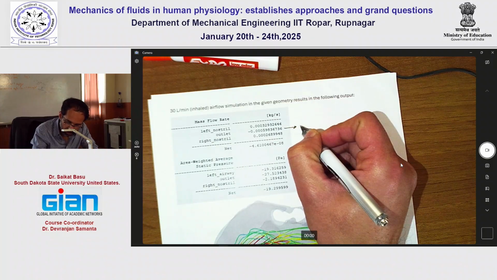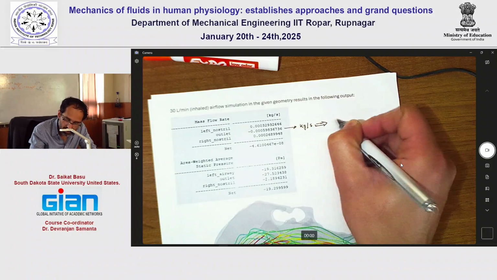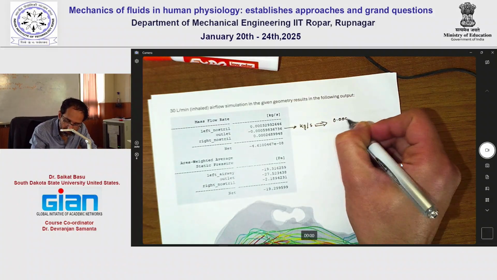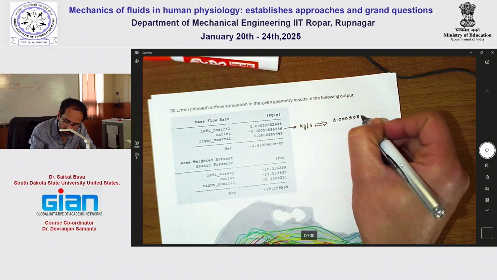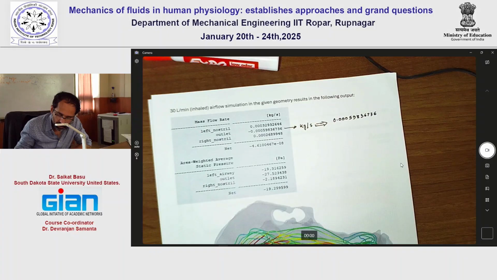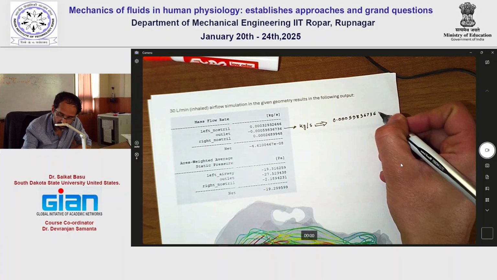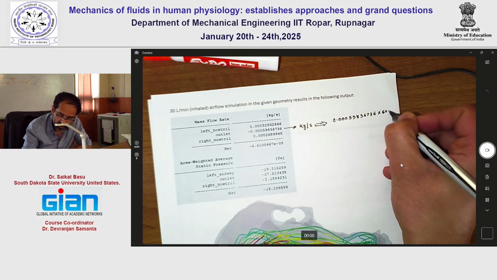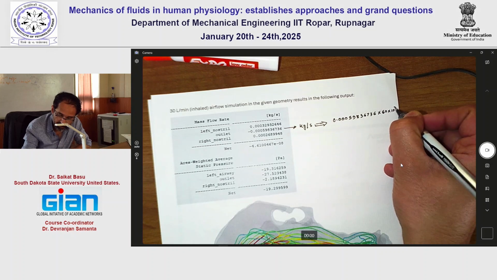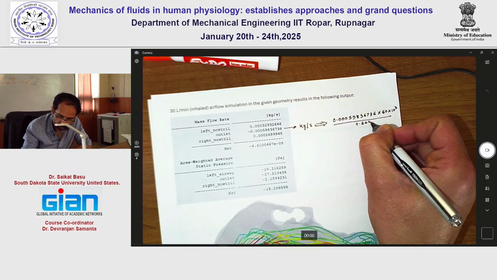So this is in kg per second. This is 0.00059836736, and I'm converting it back to liters per minute. So this should be multiplied by 60 times 10 to the power of 3 divided by 1.204.